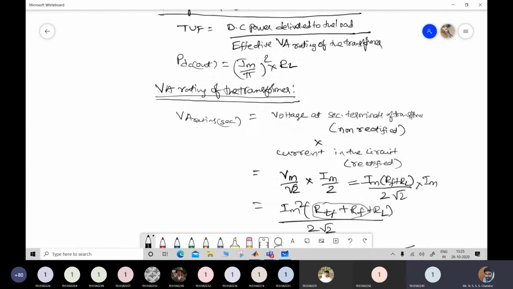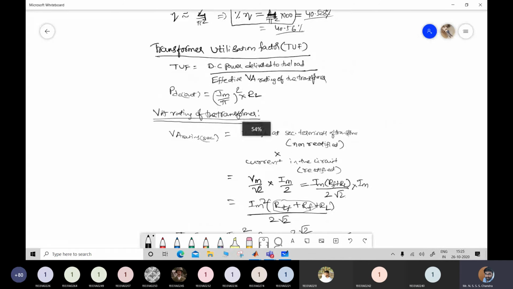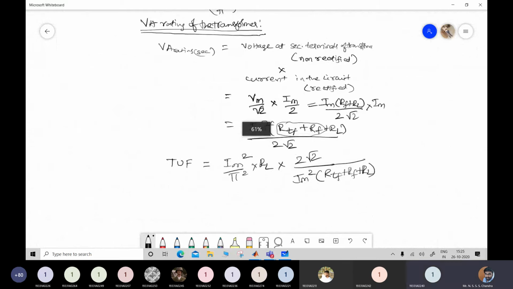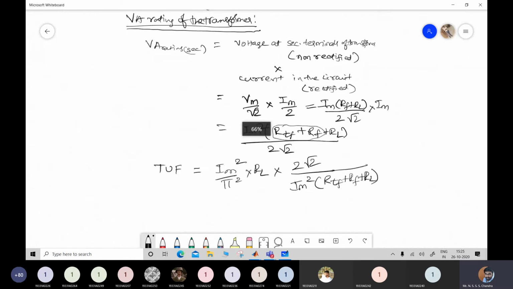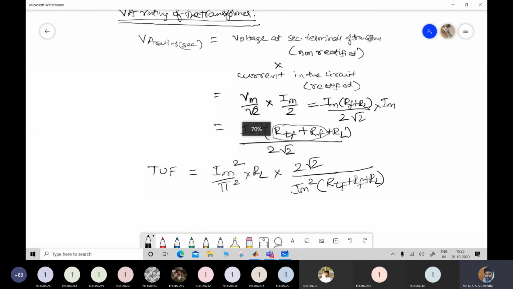In the derivation of rectifier efficiency also, if you want to include transformer resistance, you can include it. That's up to you. There's no mandatory condition that we should not include the transformer resistance at all.